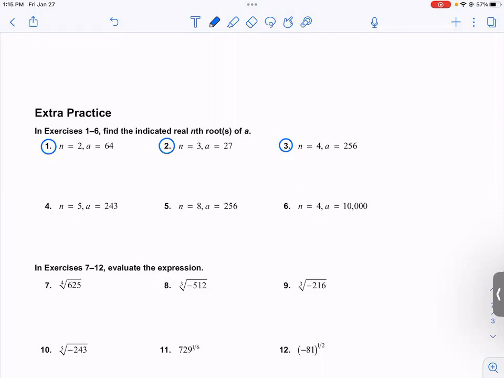What is the square root of 64? 8. Oh yeah, 8 times 8 is 64. You can use a calculator. Is there any way to make it so it knows it's the 4th root on a calculator?